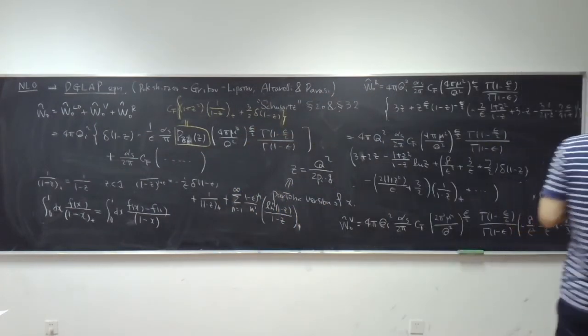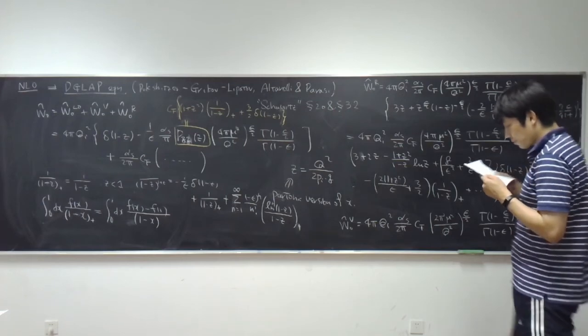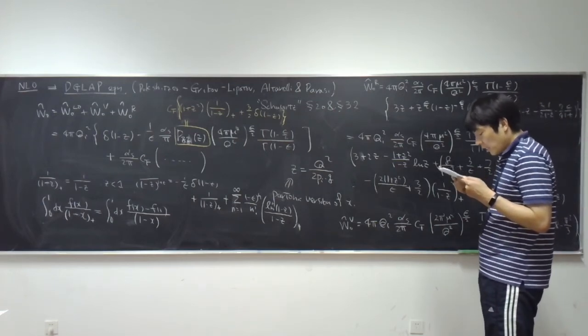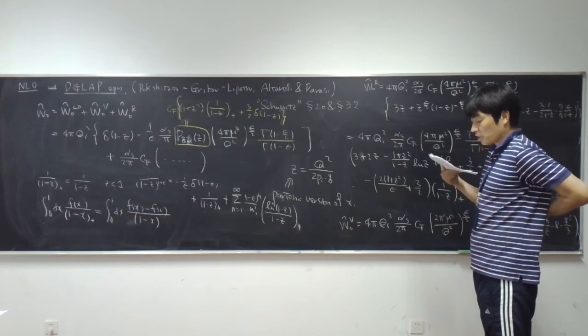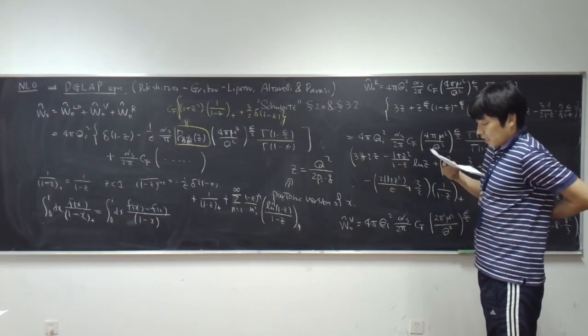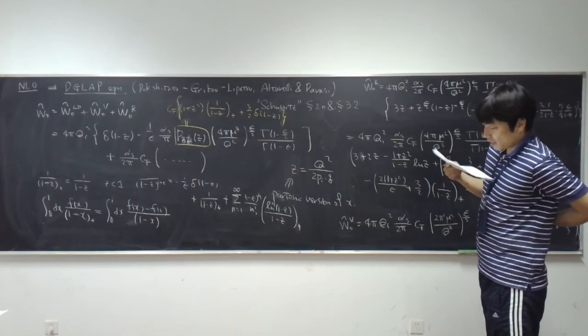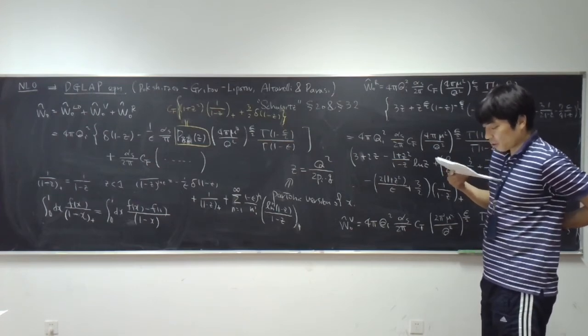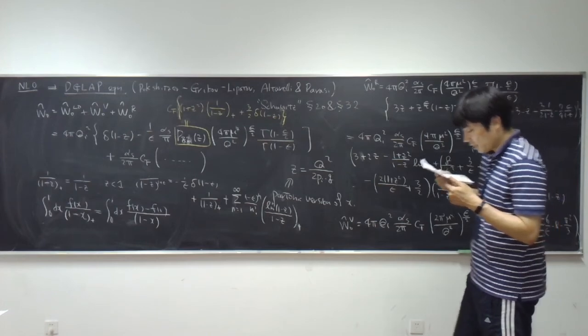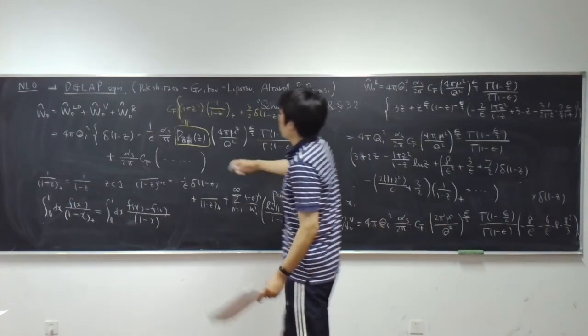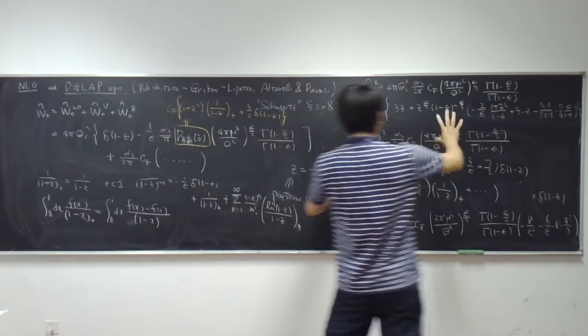So this single pole in the parton cross section is not a problem. The calculation drops out of the physical prediction, so you just plug this one into the original formula. I already erased it here.